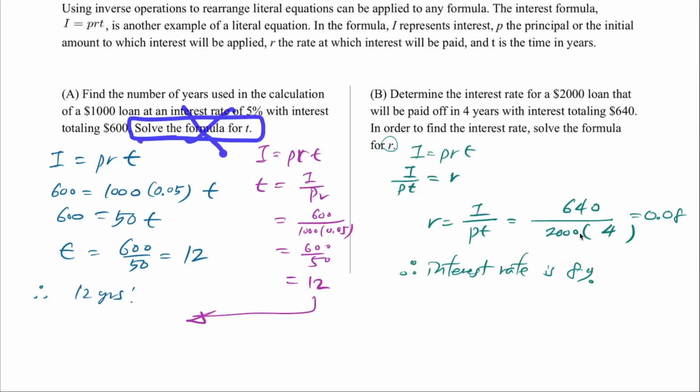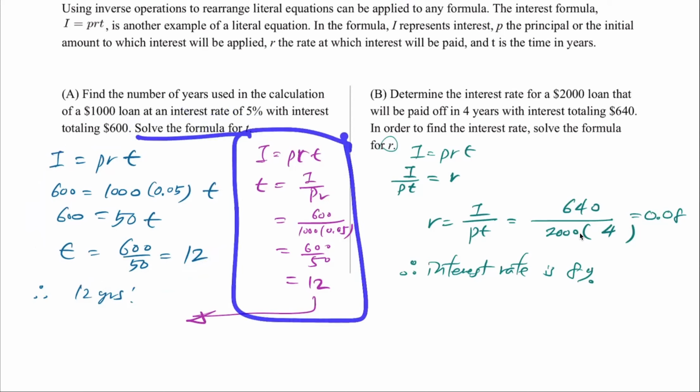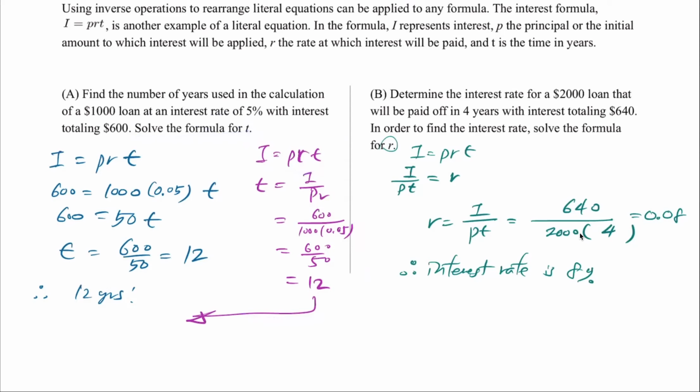If I didn't have that, this is perfectly legal. But because I had this, you have to solve for T first, and then plug in the values. So that took 12 years, guys. So given $1,000 at 5%, to earn $600, it will take you 12 years in a simple interest rate.